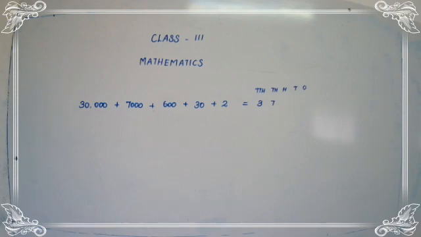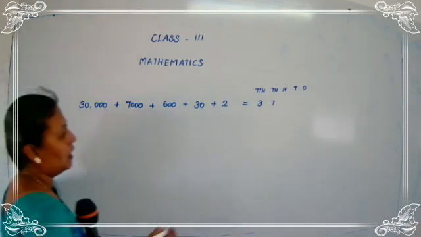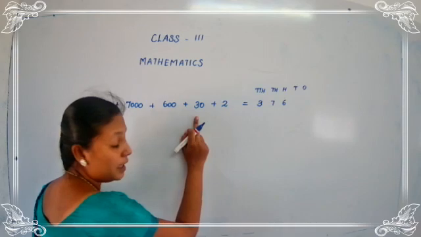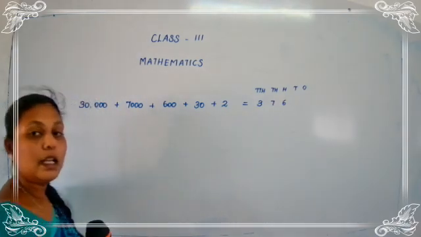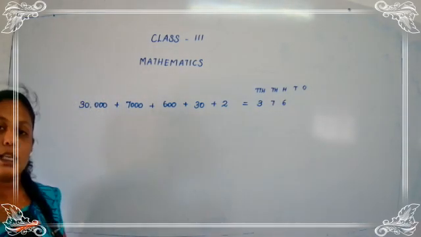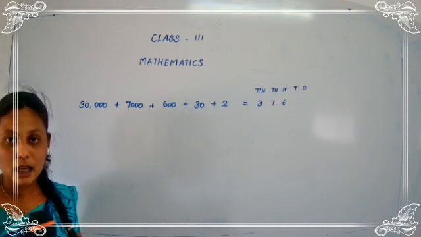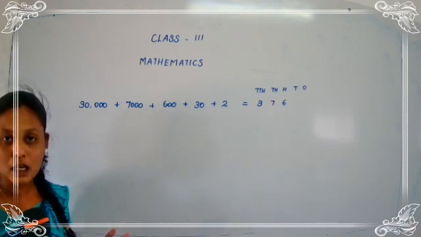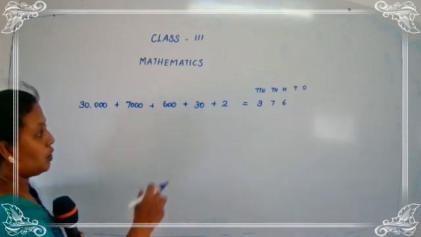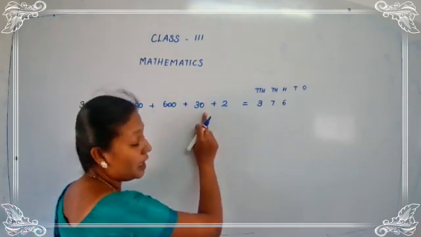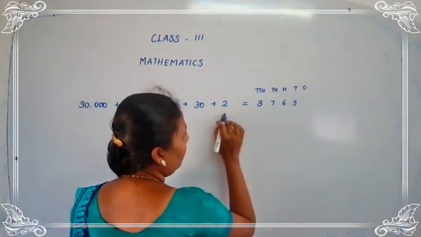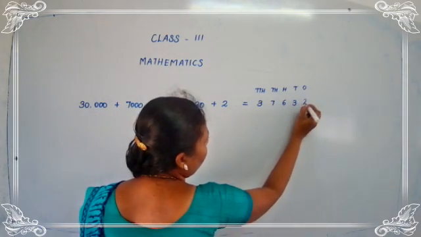So we have to write 6. Then see the tens place. How many tens? 3 multiplied by 10 is equal to 30. 1 ten is 10, 2 tens are 20, 3 tens are 30. So 3 tens. Then 2 ones.